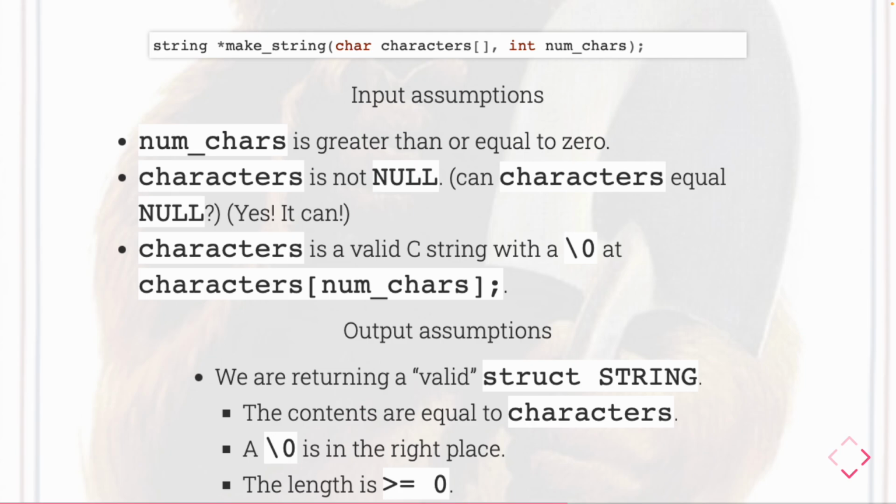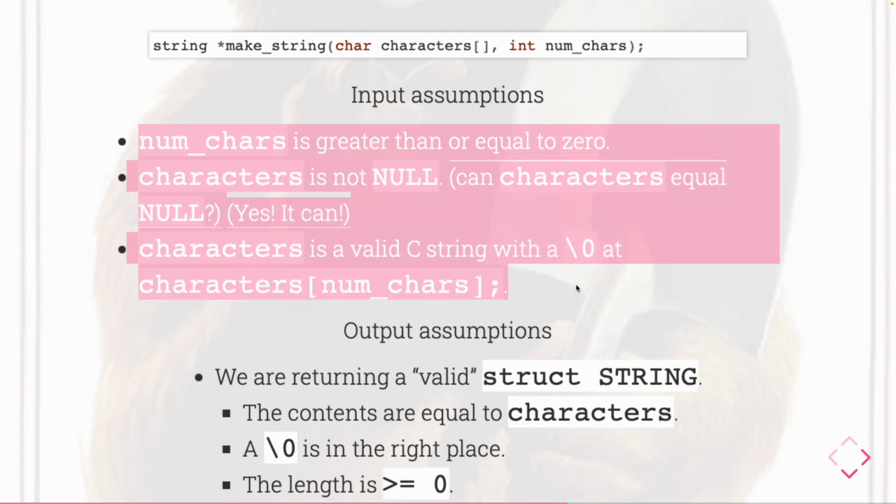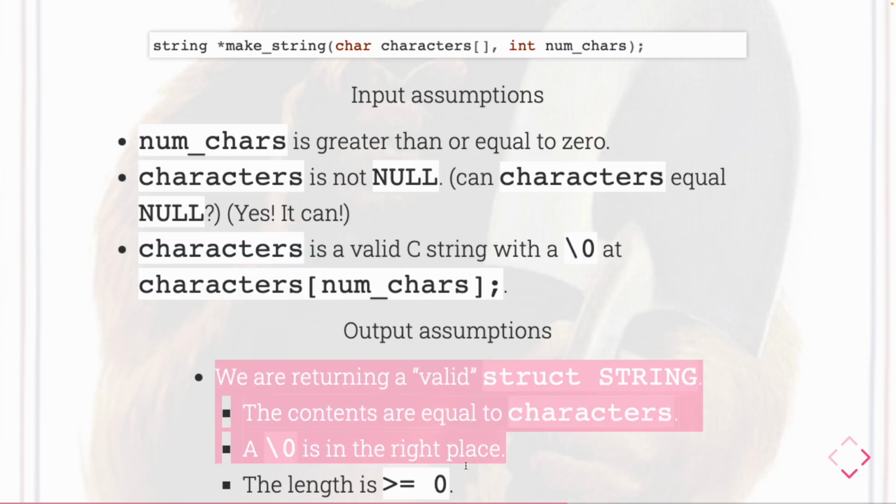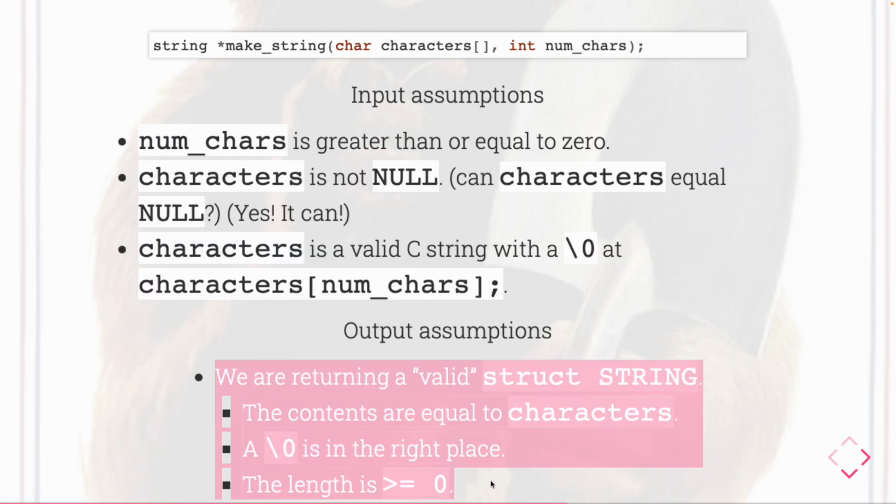I mentioned last time that you can think about it mathematically, but didn't really elaborate on what that means. You could think of it as an implication statement: if the function works as intended, then you should write your function such that if all of these conditions are true at the beginning, then all of those will be true at the end.